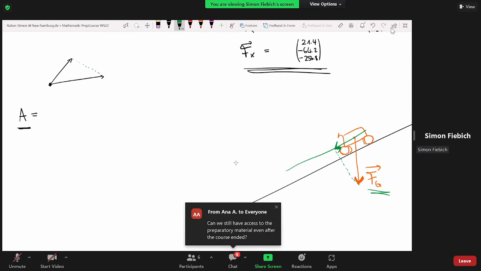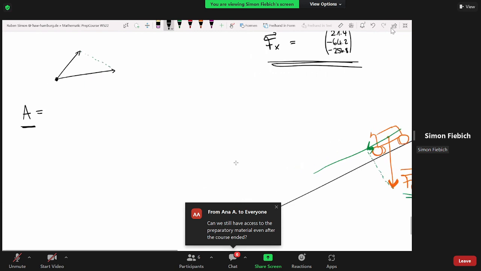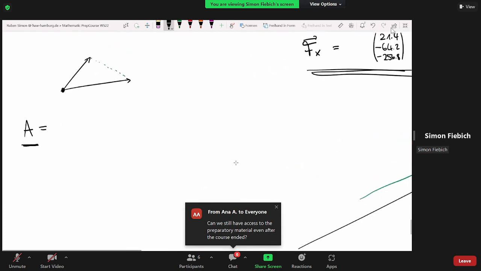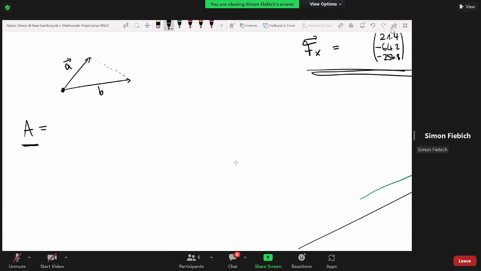The third edge would be given by connecting the two tips of the vectors. The area of such a triangle made up by the two vectors A and B could be determined by multiplying 1/2 times A times B. Oh, so this is a dot product again.